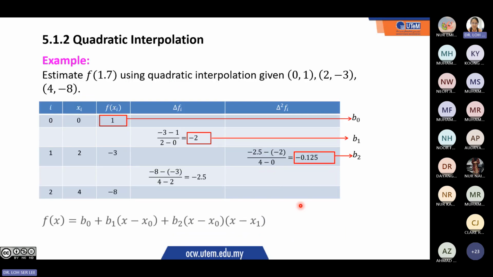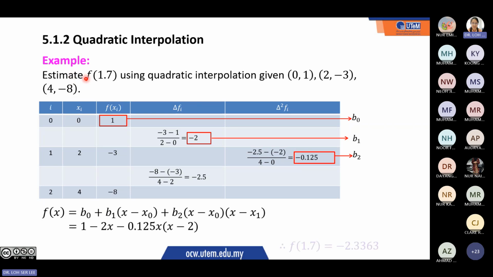Now we look at one example. Estimate f(1.7) using quadratic interpolation, given these 3 data points. Put them into the table, following the sequence, where x is getting larger. To get this, -3 minus 1 divided by 2.